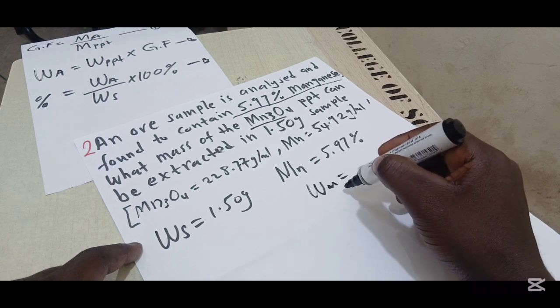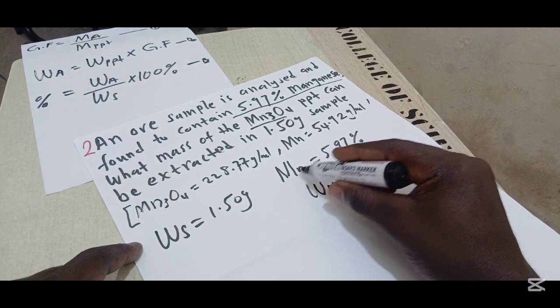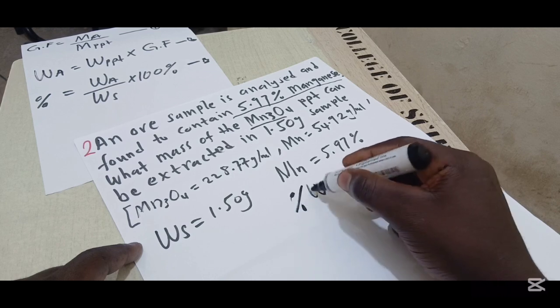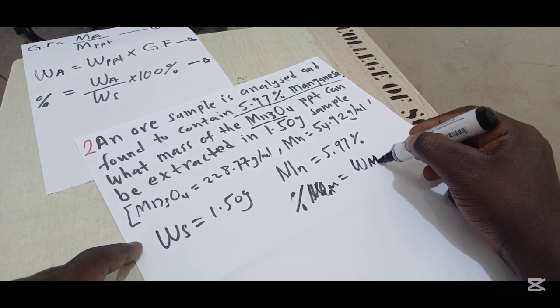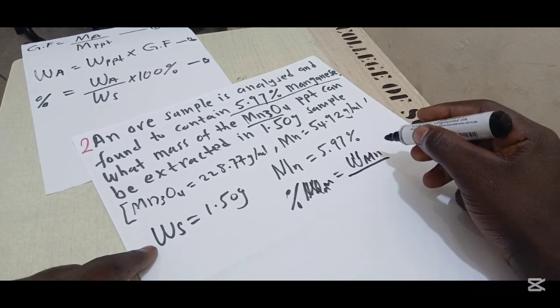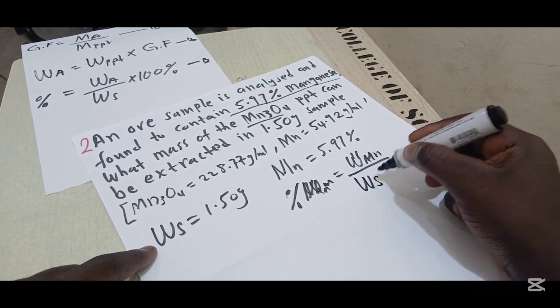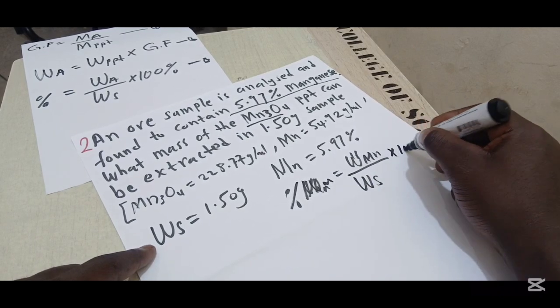Let's write the full expression first, the percentage formula for Mn. So percentage Mn is going to give us weight of Mn over weight of sample multiplied by 100.